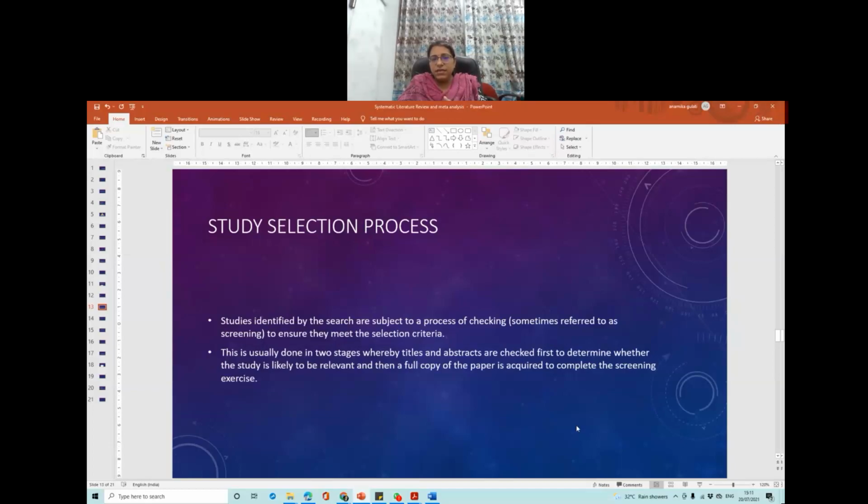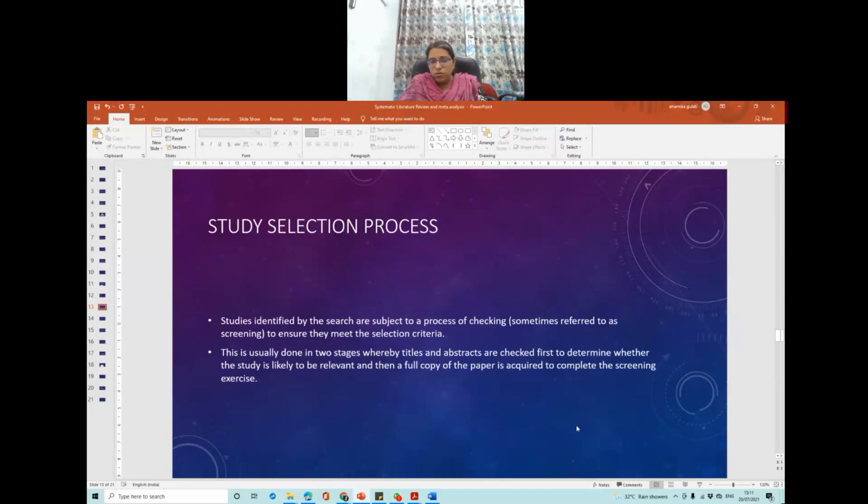In the study selection or screening process, you will need to have two reviewers, because sometimes there are chances of missing something. To avoid exclusion of any relevant citation, or inclusion of any irrelevant citation or paper, you want to double check it. So the systematic review process after searching is always a three-stage process in which three people will assess the same study.